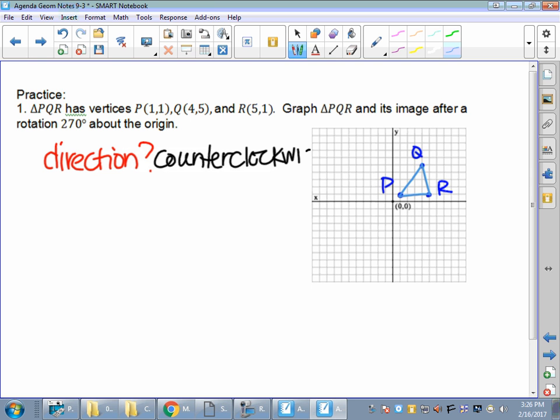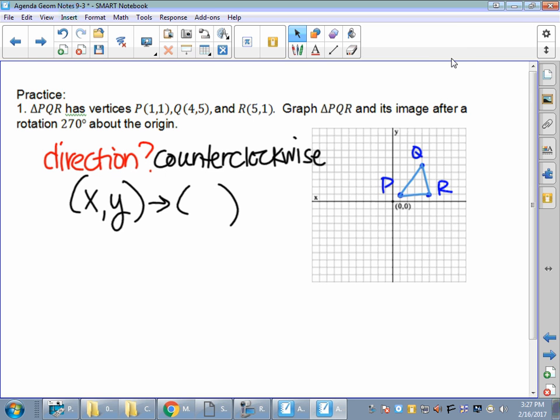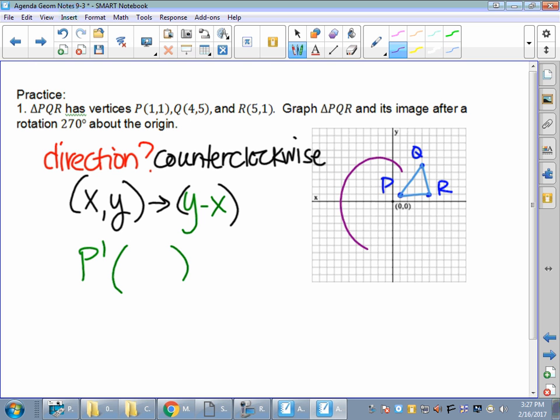So 270 degrees counterclockwise, our rule is xy becomes y, negative x. So that means that my P prime, what quadrant should our 270-degree rotation of triangle PQR land in? Should land down here, right? In quadrant 4.